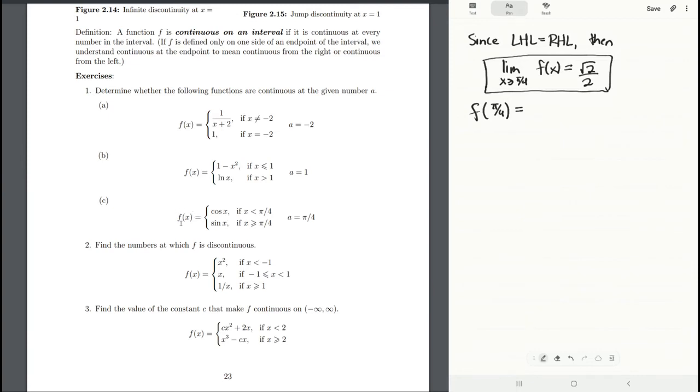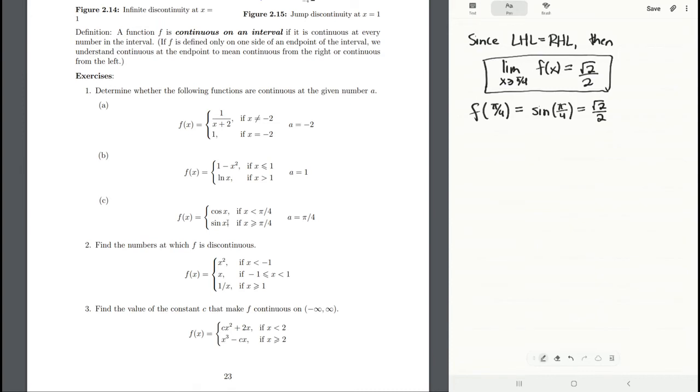So to evaluate f at pi over 4, we're going to use the bottom function. So we're going to substitute pi over 4 for x. So we end up with the sine of pi over 4, which we know to be 1 over root 2 or root 2 over 2. So the function is defined at pi over 4.